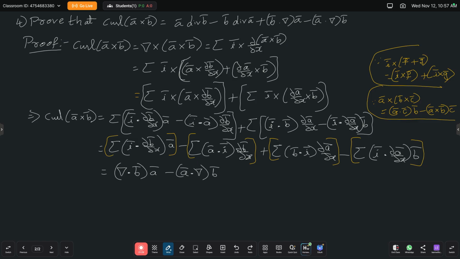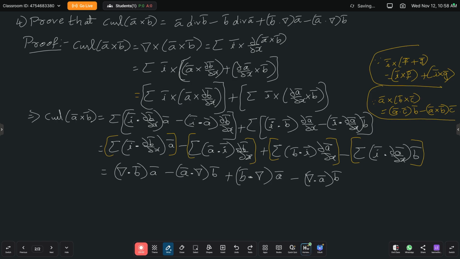Next, plus summation b bar dot i bar into dou a bar by dou x can be written as b bar dot del into a bar. Minus the last term, which can be written as summation i bar dot dou a bar by dou x into b bar, can be written as del dot a bar of b bar.